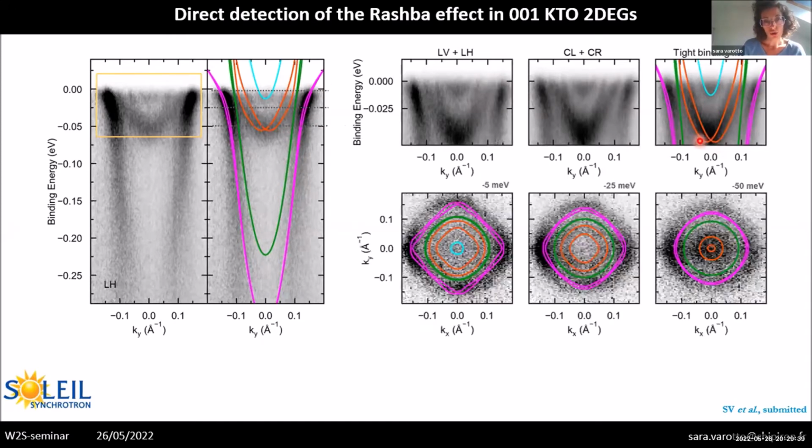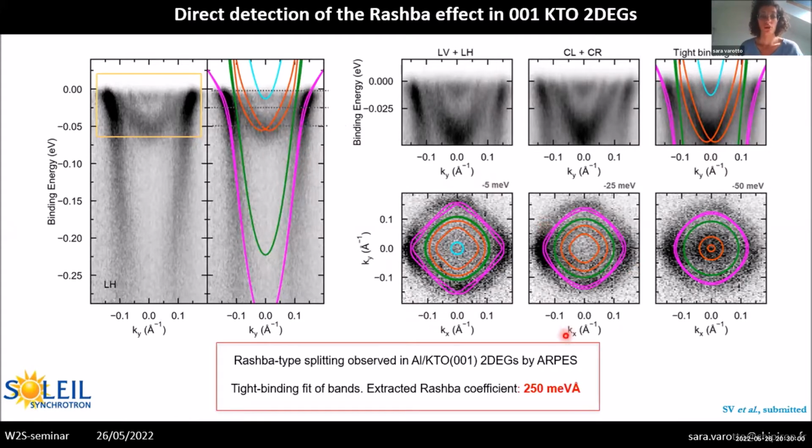And just to conclude on this slide, I want to show you that these fits work quite nicely along the entire Fermi surface, because if we cut at different energies, for instance these three, we have quite nice overlap with the tight binding fits.